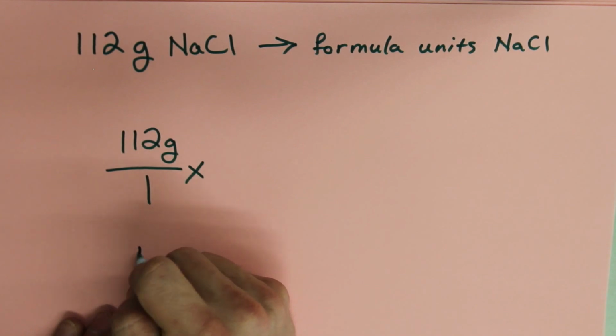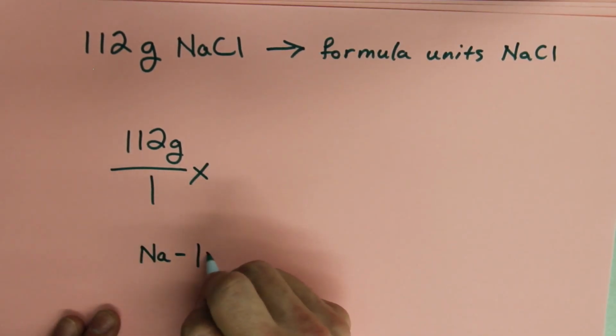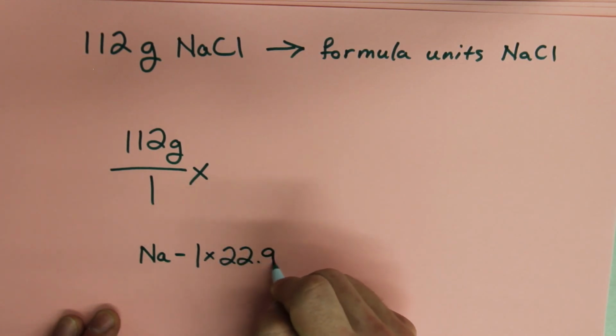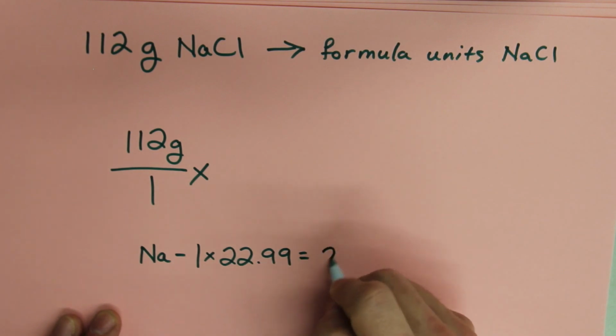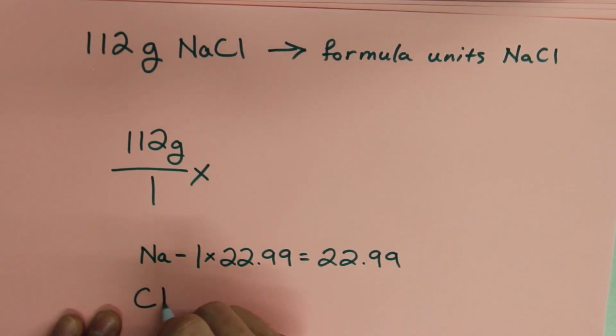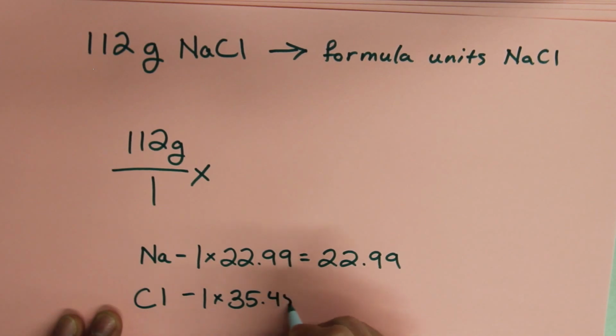We have NaCl. We have 1 Na, and our mass of sodium is 22.99. We multiply 1 times that, we get 22.99. Chlorine, we have one of those as well. Our mass is 35.45.